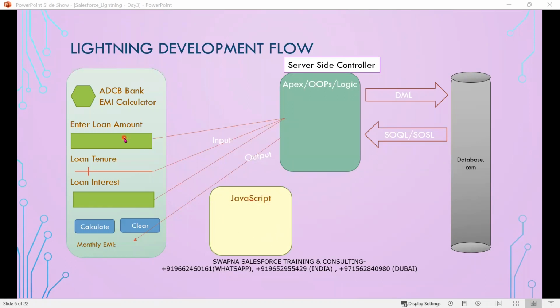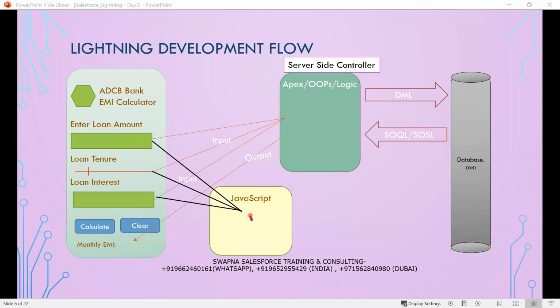So whenever we click on a calculate button on the application, as soon as I click on the calculate in the Lightning, it sends the information to JavaScript. In Lightning, all the information goes to JavaScript. Basically, JavaScript is going to take all the input that is entered by the user.